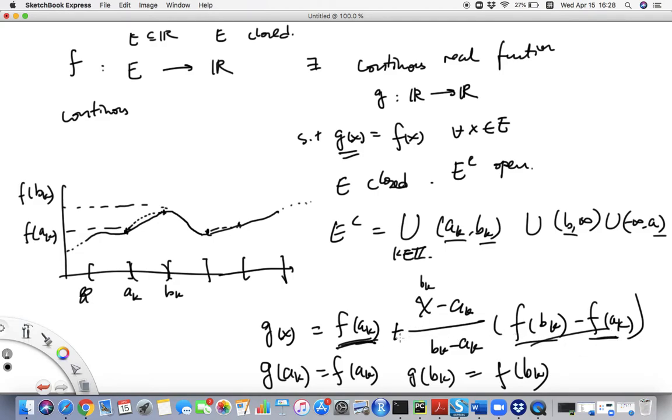Really it's of the form kx plus b, where k is equal to this and b is something else. So really what g is doing is connecting these two endpoints with a straight line. Now it's left for you to prove that the function g defined this way is actually continuous.